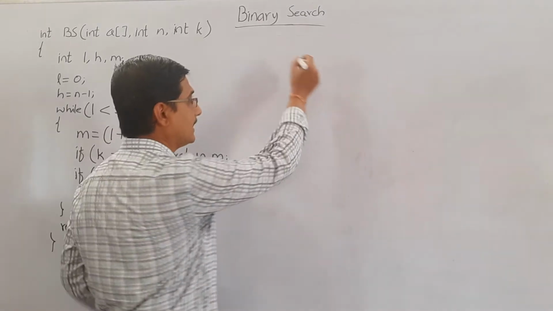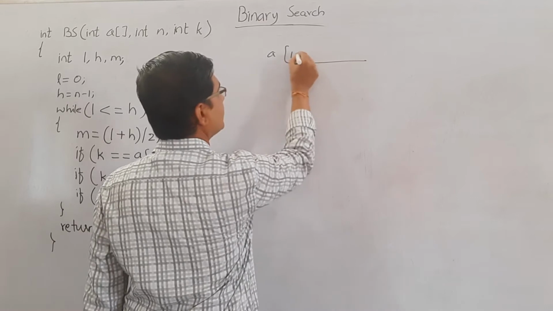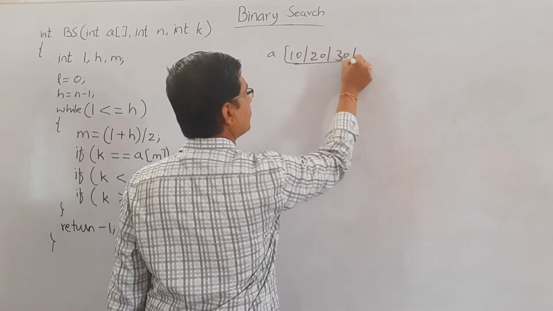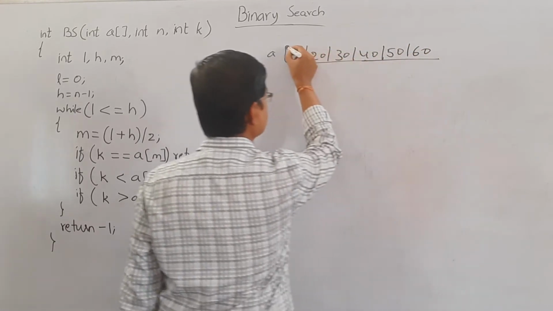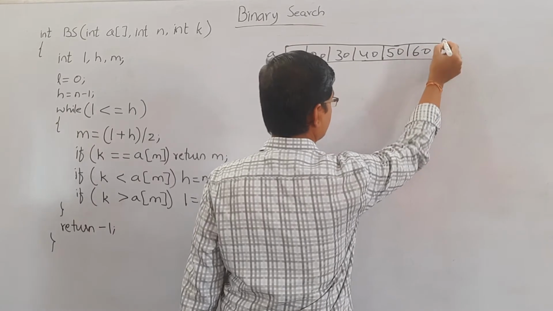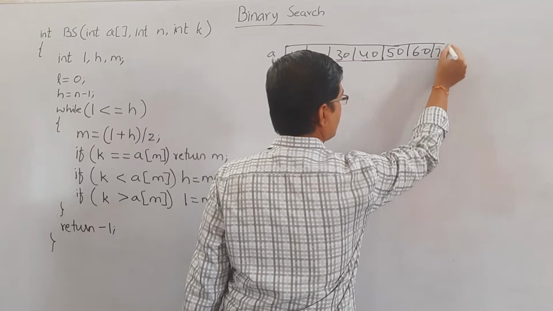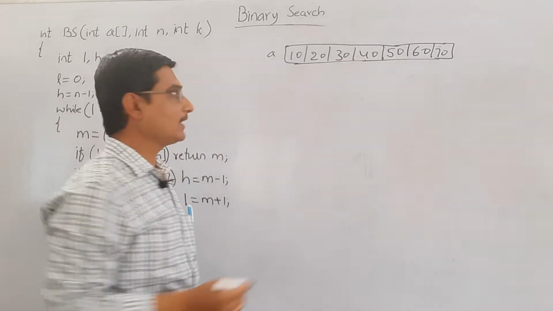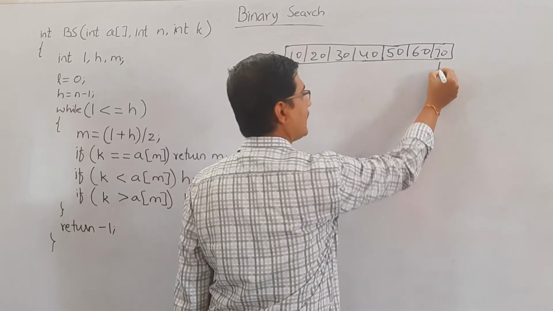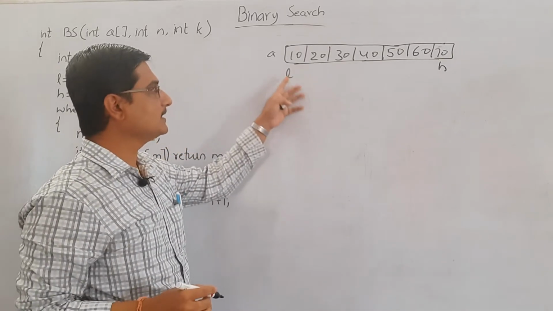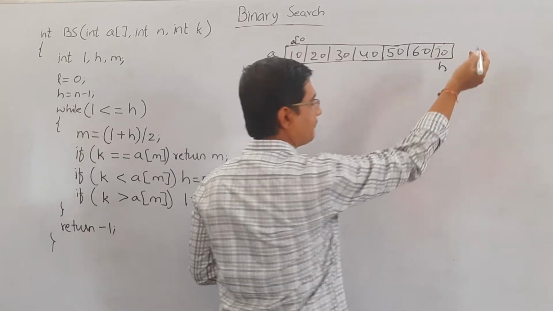So if array A contains some elements like 10, 20, 30, 40, 50, 60, then we are going to find the middle of the element by taking two indices, that is low and high. Say low is initialized to 0 because this is A of 0, and this is A of n, whatever the number of elements.